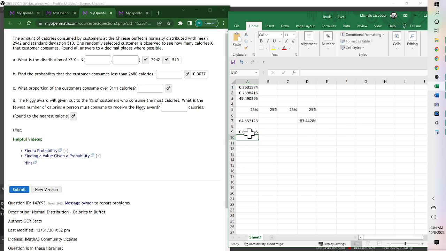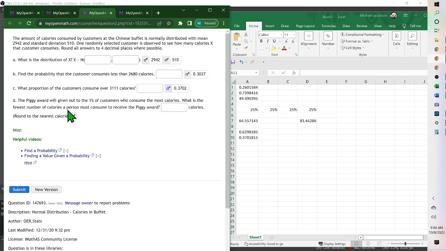Now, this would be the percent below. We want it above, so then we can go equals 1 minus and click on this value, and it will subtract them for you. 3702.